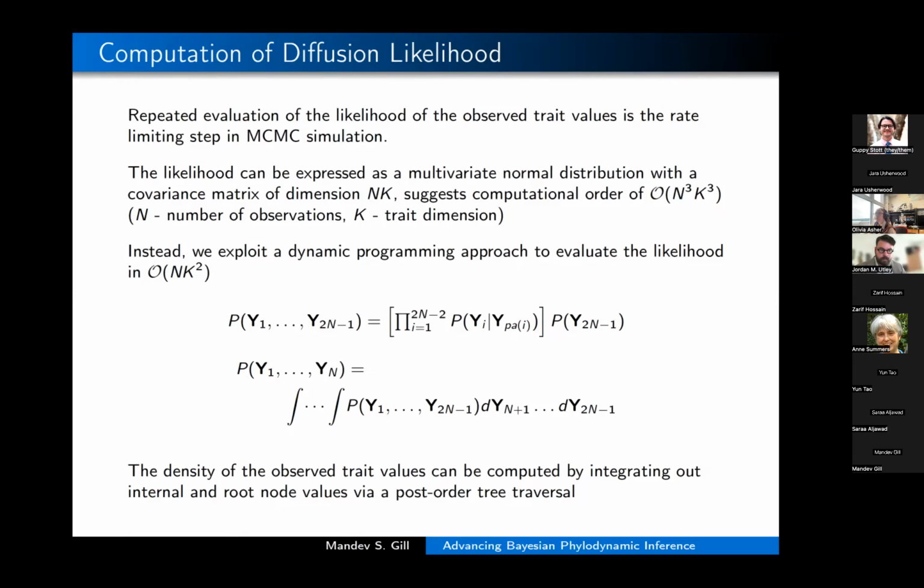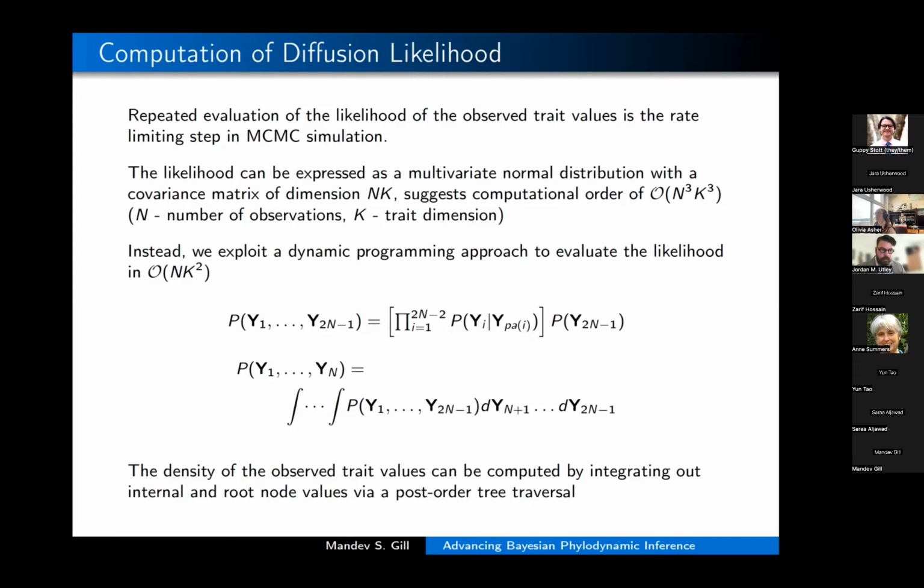It turns out that it's much more efficient to evaluate this likelihood using a dynamic programming approach. So we start with the joint density of all trait values, observed as well as unobserved, and then we recover the density of the observed values by integrating out the internal node values one at a time in a post-ordered tree traversal.